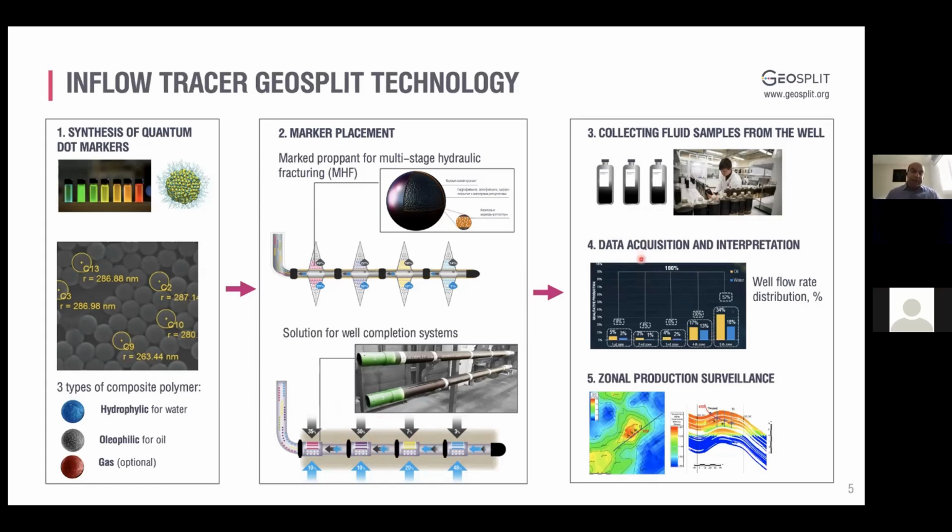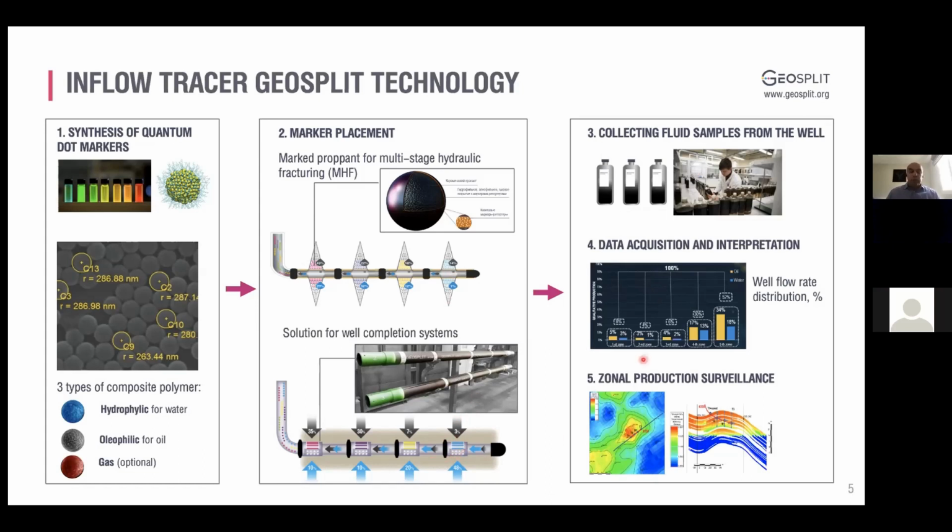The analytics method that we use in the lab environment is flow cytometry, which I will go into details in subsequent slides. But what we provide to the client is quantitative analysis of zonal production contribution of each frac stage or horizontal well compartment.